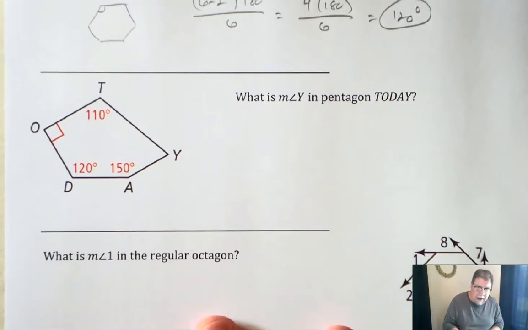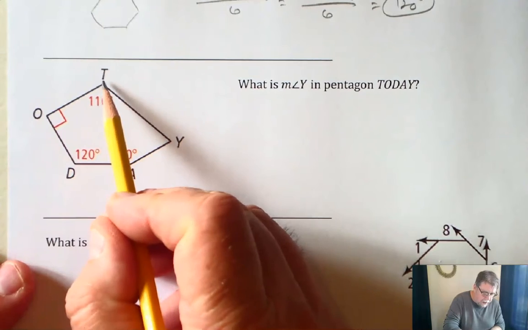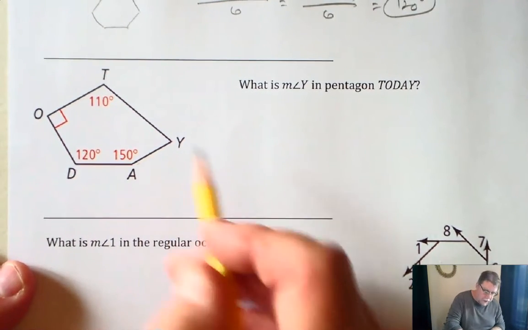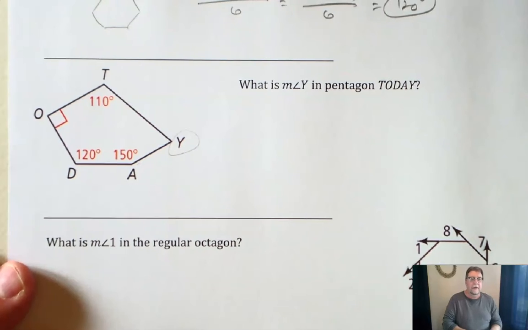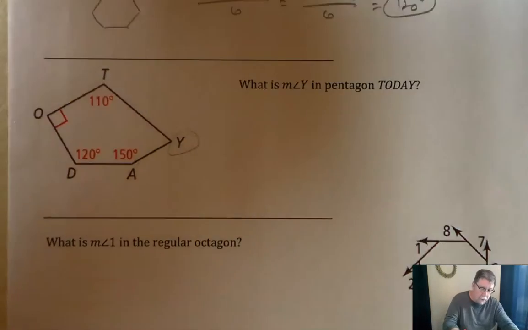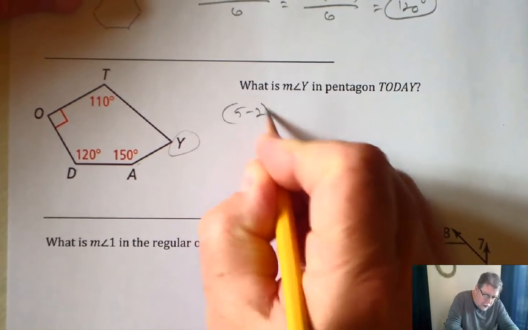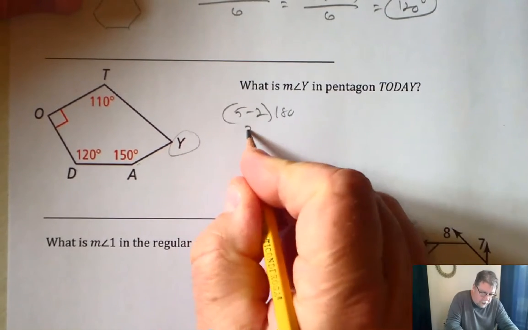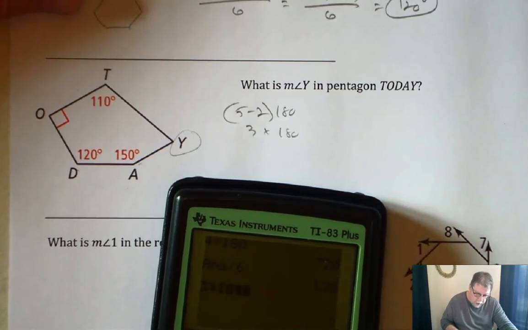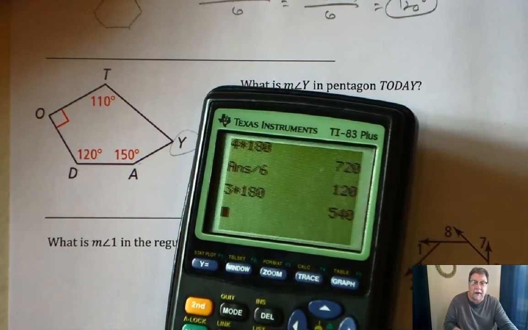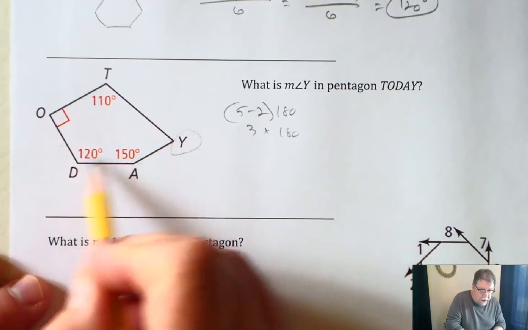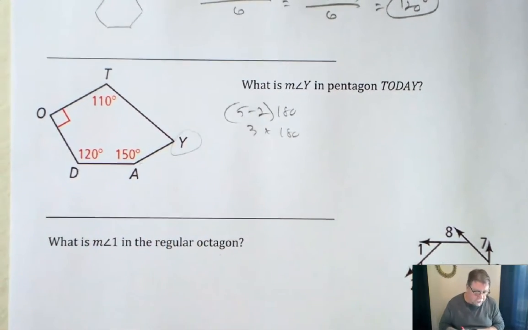Okay, this is a pentagon, and I can tell just by counting the angles, 1, 2, 3, 4, 5, or the sides, there'll be 5 of them. The question is, what's the measure of angle Y? So basically, I need to know the sum of the angles, so I'm going to take 5 minus 2 times 180. That would be 3 times 180, and 3 times 180 is 540. So all of these angles have to add up to 540 degrees.